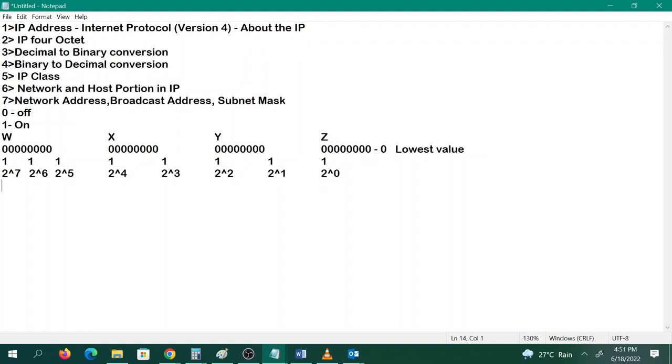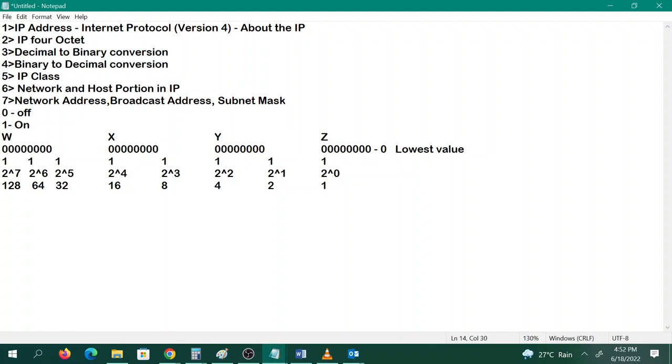If we calculate 2 raised to power 7, the value is 128. 2 raised to power 6 is 64, 2 raised to power 5 is 32, then 16, 8, 4, 2 and 1.